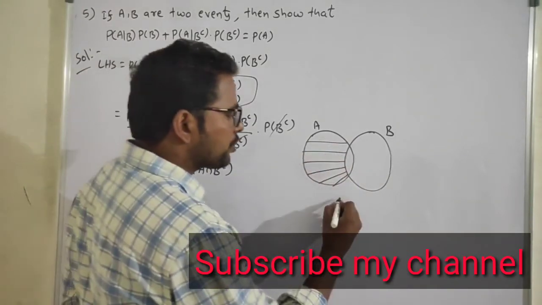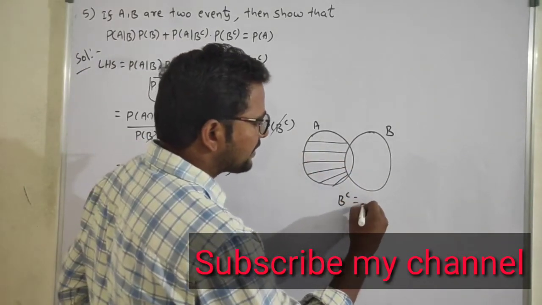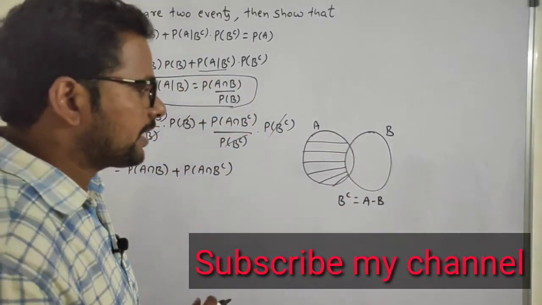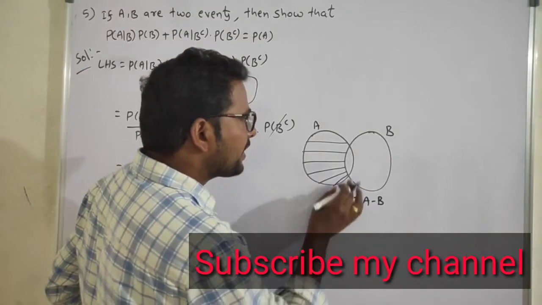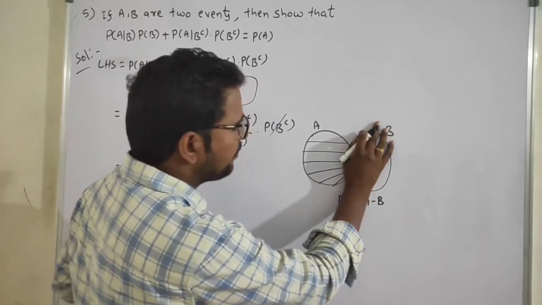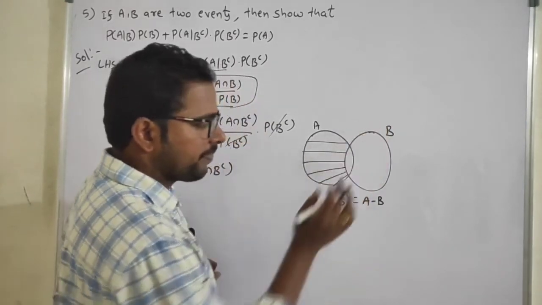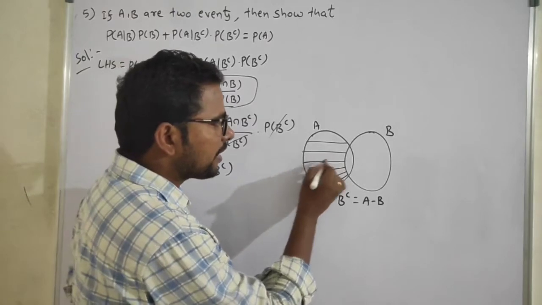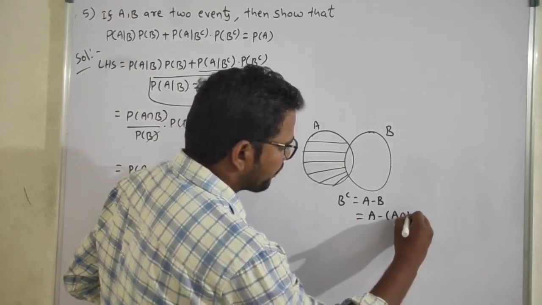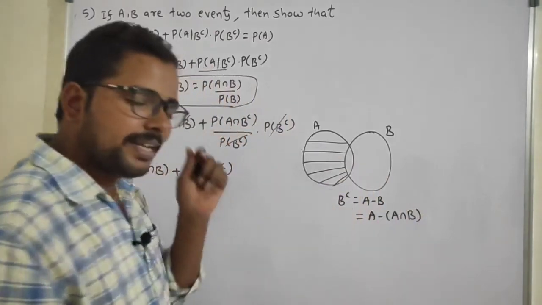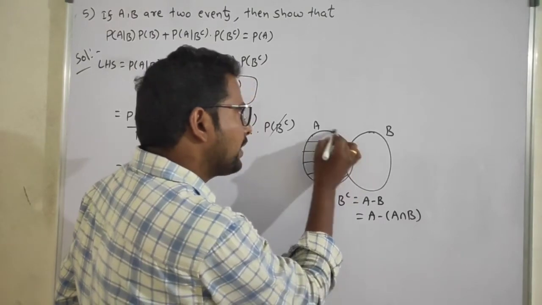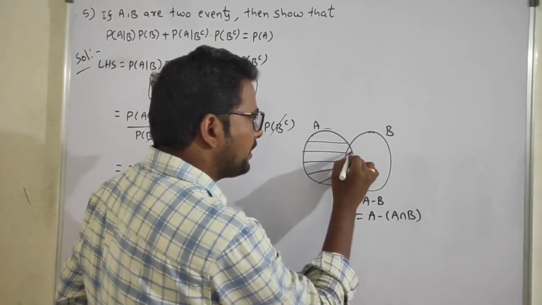And how can we write this? We can write it as A minus B. A intersection B complement is equal to A minus B. That means from A, if we subtract the remaining B part, what we get is A intersection B complement, that is A minus B. And how can we write A minus B? We can write this as A minus A intersection B. So we can write A minus B, this part, as total A minus this part.